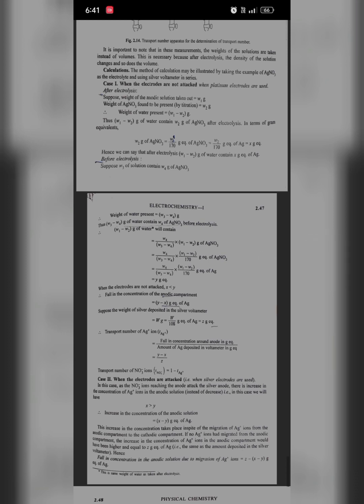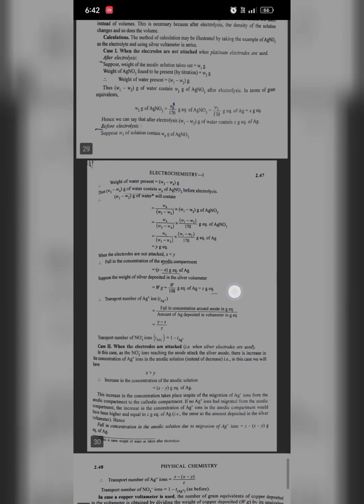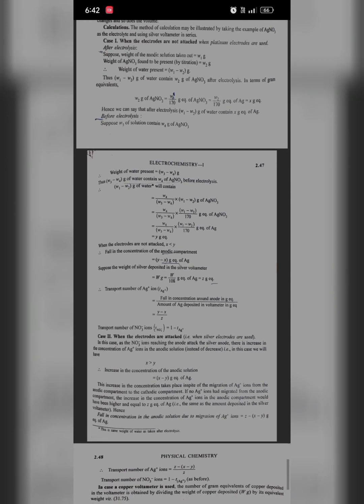In terms of gram equivalent, W2 gram of AgNO3 is equal to W2 upon 170 gram equivalent of AgNO3, which is equal to W2 upon 170 gram equivalent of Ag, equal to X gram equivalent. Hence we can say that after electrolysis W1 minus W2 gram of water contain X gram equivalent of Ag. Before electrolysis, suppose W3 gram of solution contain W4 gram of AgNO3.